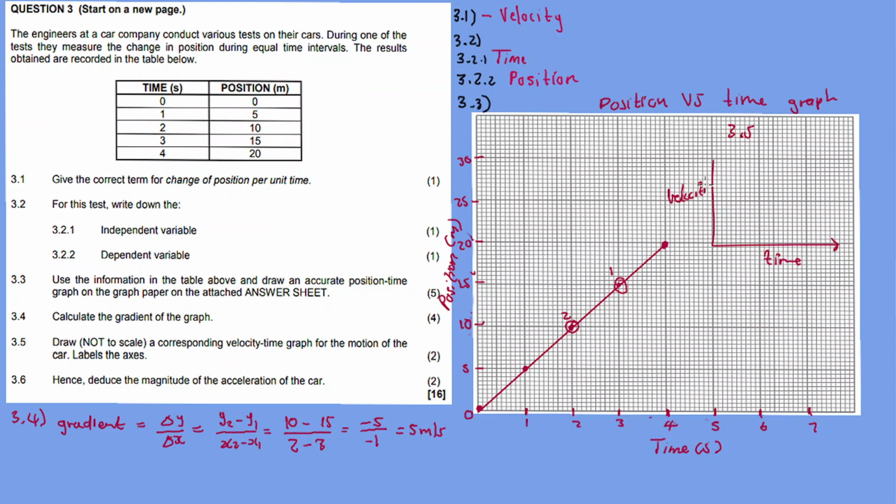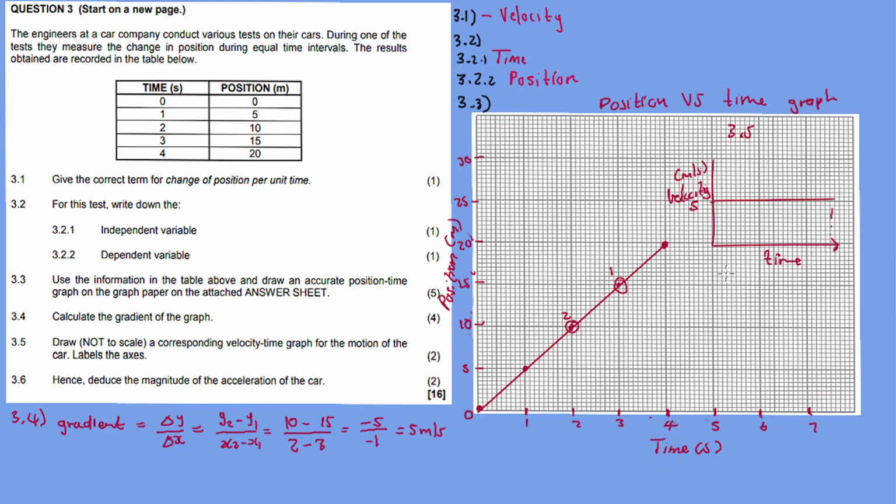A straight line has a constant gradient. So the corresponding velocity-time graph is just a straight line, because the gradient is constant in our position-time graph, which is 5 meters per second. So the velocity here is 5, and it's constant.